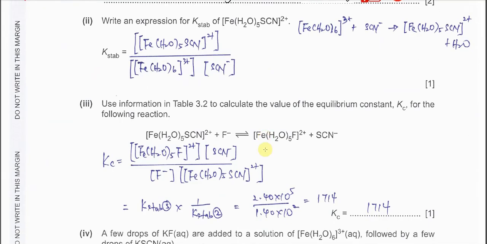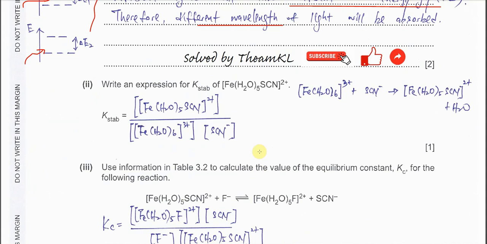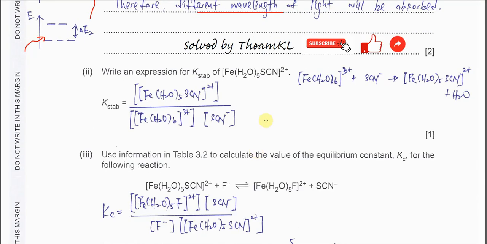Okay, part 2. Write an expression for the K step in the second complex ion. It always starts from the hexa-aqua iron(III) ion. So how do we know it's iron(III)? Because this is the thiocyanate ion, which has a negative charge, and the overall charge is 2 positive. So we know that the iron ion is actually 3 positive.